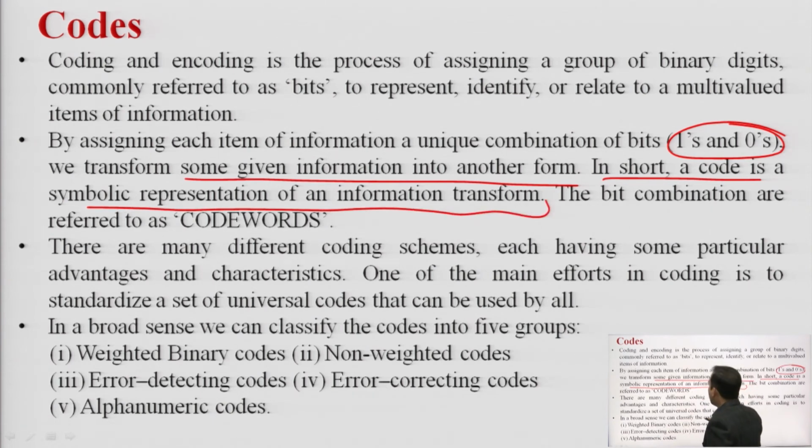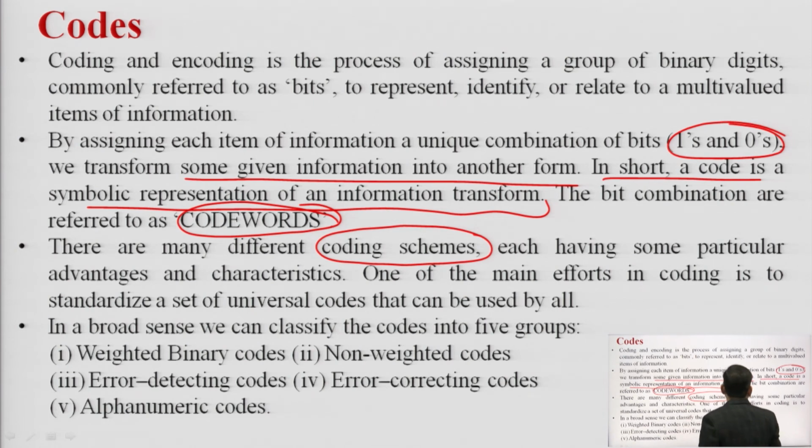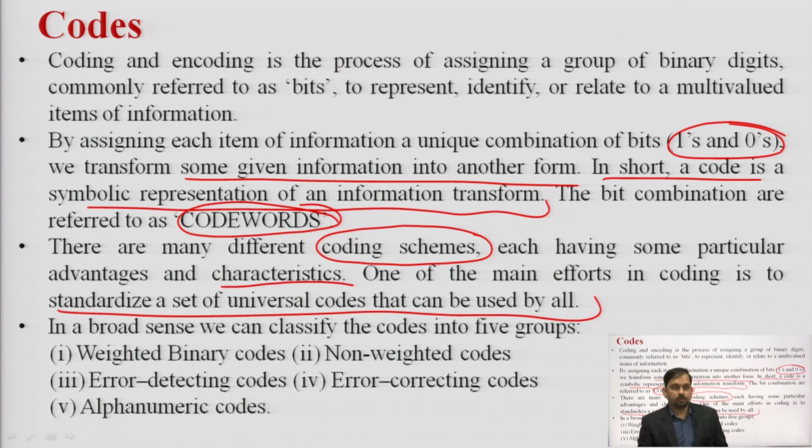The bit combinations used are referred to as code words. There are many different types of coding schemes available, each having particular advantages and characteristics. One of the main efforts in coding is to standardize a set of universal codes that can be used for encoding purposes.